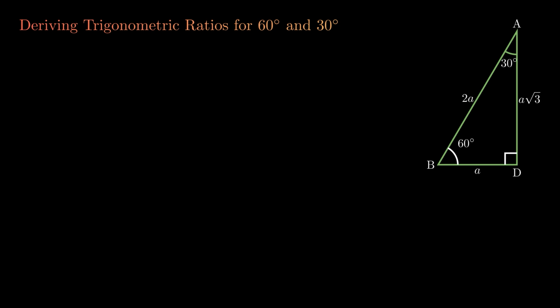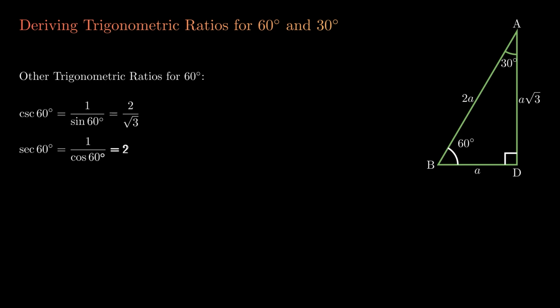So let's see what is the cosecant of 60 degree. Cosecant 60 degree is equal to 1 by sine 60 degree, which we can write as 2 divided by square root of 3. Secant 60 degree is 1 by cos of 60 degree, which is 2. Cot of 60 degree is equal to 1 by tan 60 degree, which is equal to 1 by square root of 3.